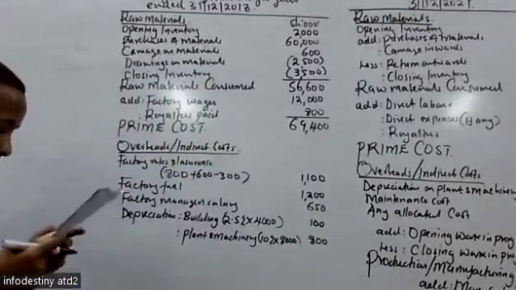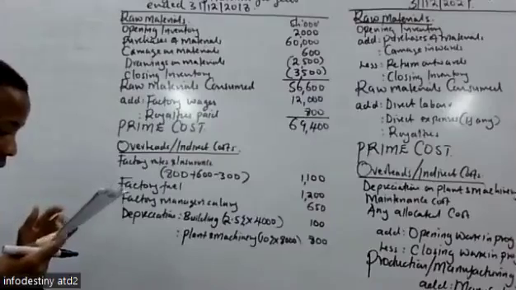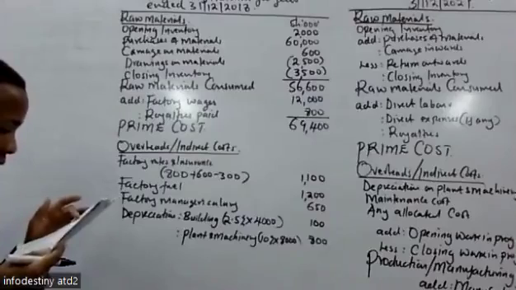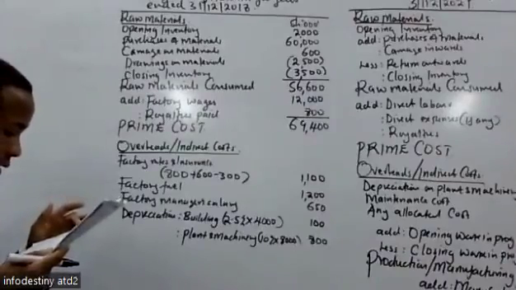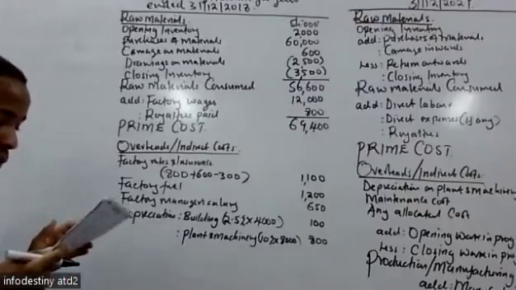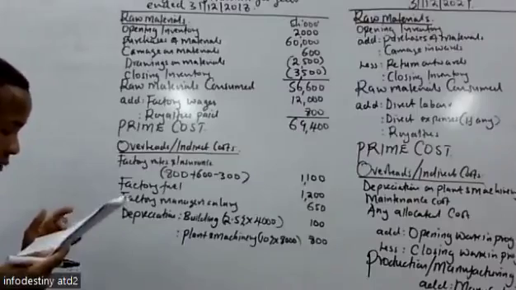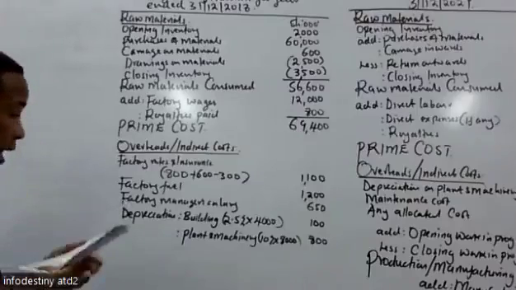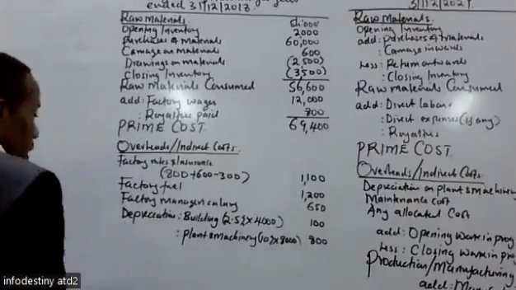So let's see whether we have any other factory cost which has been left. We don't have any other cost which was allocated to the factory.